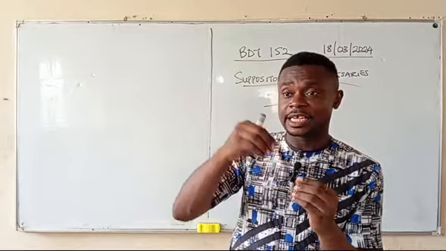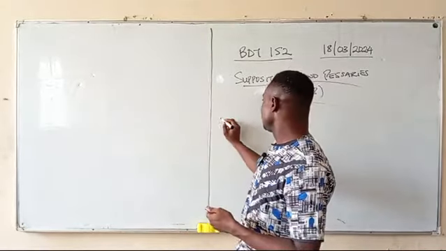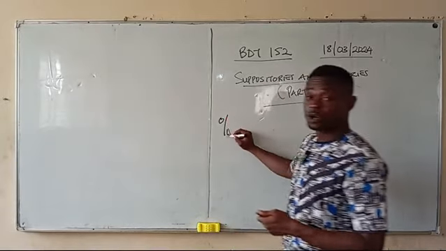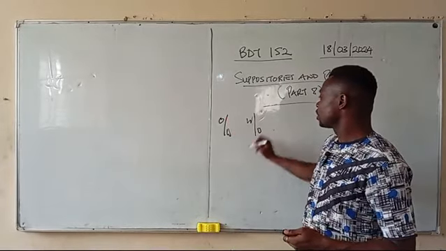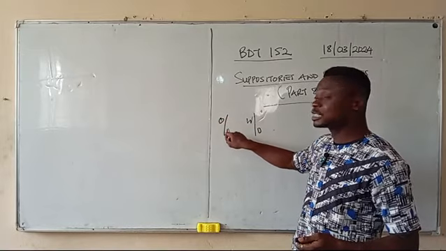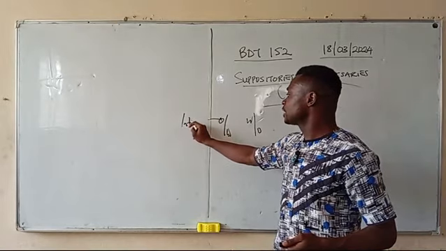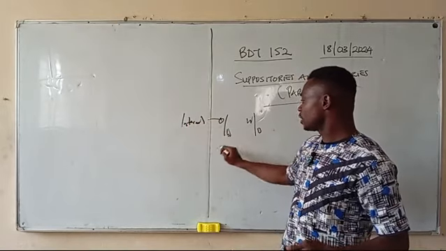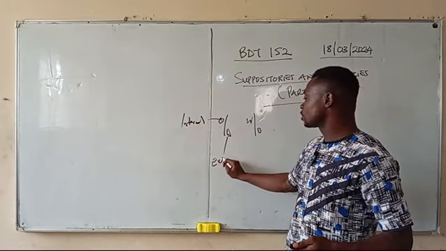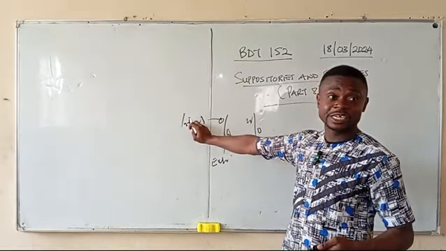In oil in water, the oil is dispersed in the water. The oil is the internal phase, while the water here is the external phase. You call it either the internal phase or the dispersed phase.